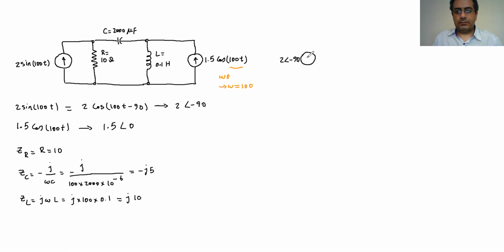So this is the first source. Then I have this resistance with ZR of 10. Then I have this capacitance with ZC of negative j5.